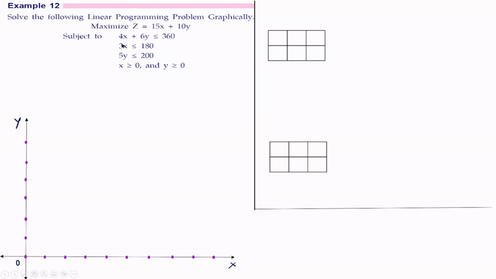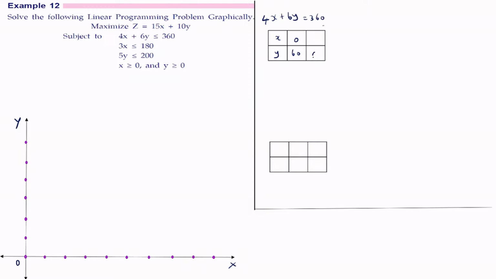We have to draw the line corresponding to the equation 4x plus 6y equal to 360. So if we take when x is 0, this term will be 0. We will get 6y equal to 360. So y will be 360 by 6, it is 60. So when x is 0, y is 60.